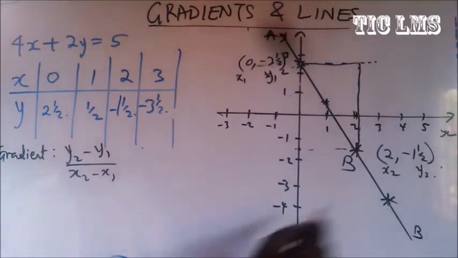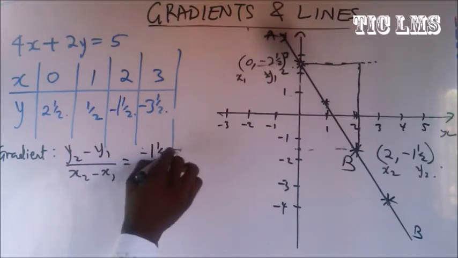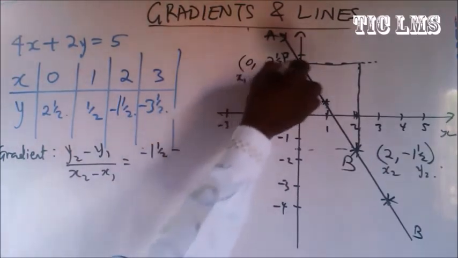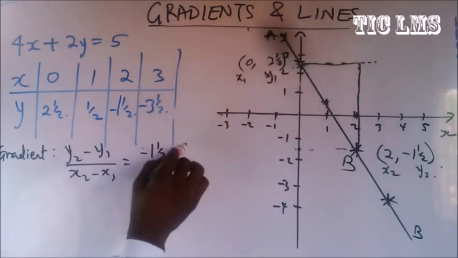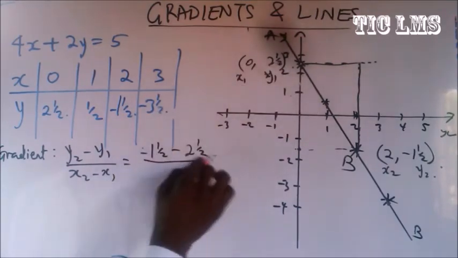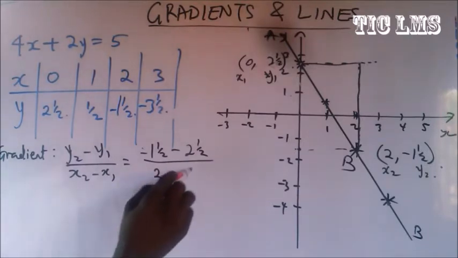And so y2 minus y1 is -1.5 minus y1. Our y1 over here is 2.5, because this is 2.5 over here. So we'll say -2.5 over our x2, which is 2. So we'll have it as 2 minus our x1, which is 0.